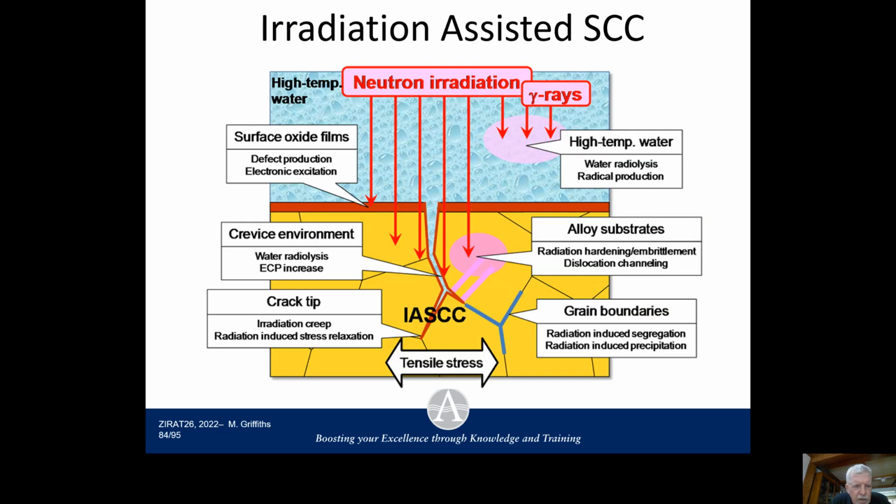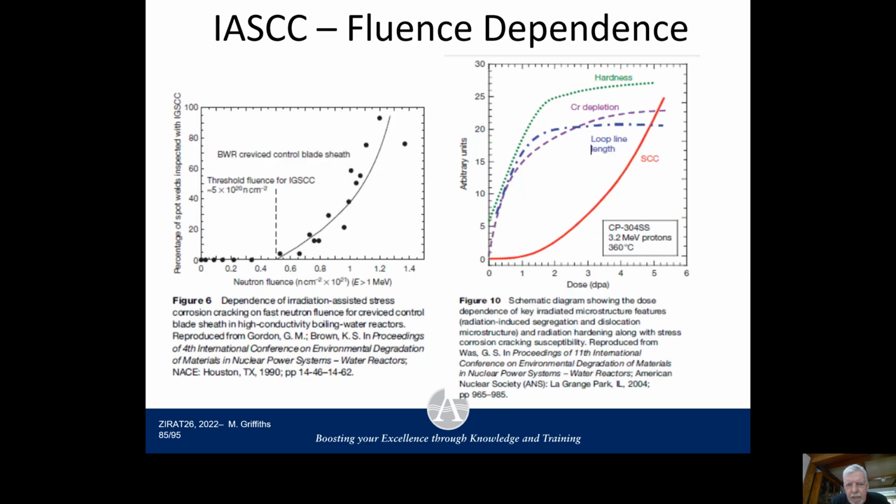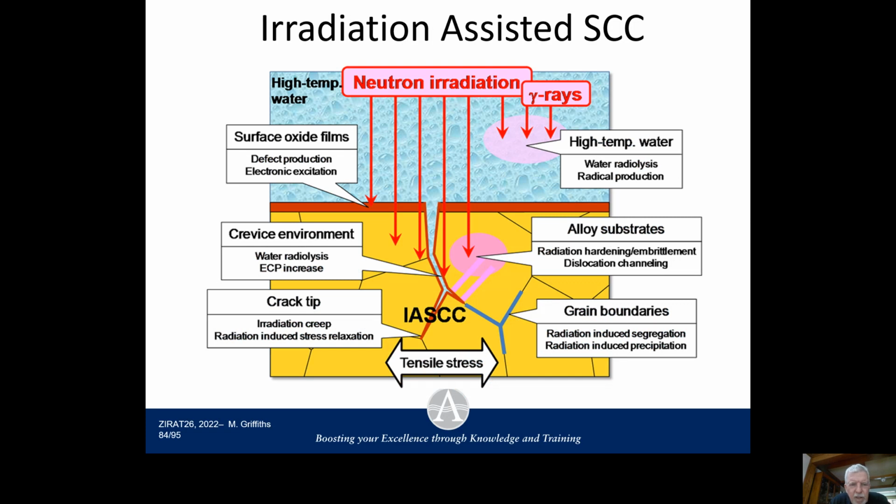Okay, so just generally, I took this off the internet to simulate irradiation. This is stress corrosion cracking. Typically what you have is neutron irradiation, the gamma rays ionize the water and help the stress corrosion cracking in that way.